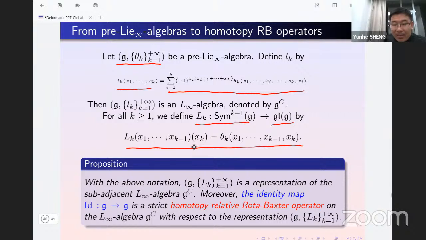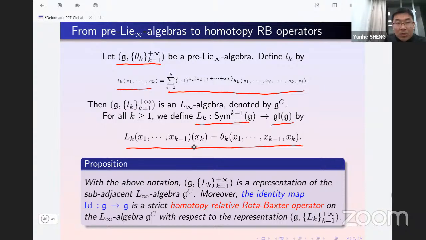Moreover, the identity map is a strict homotopy relative Rota-Baxter operator on the L infinity algebra G^C with respect to the representation (G, L_k). So roughly speaking, a pre-Lie infinity algebra will give you a new L infinity algebra together with a representation on itself. And furthermore, the identity map will be a homotopy relative Rota-Baxter operator.